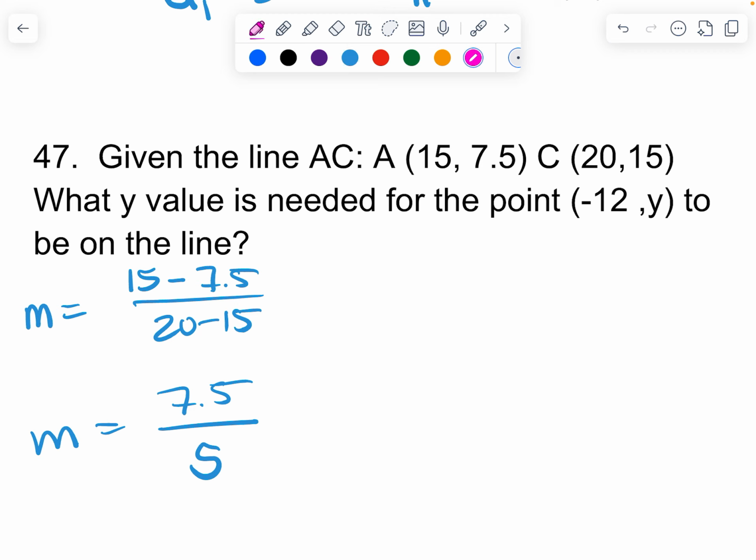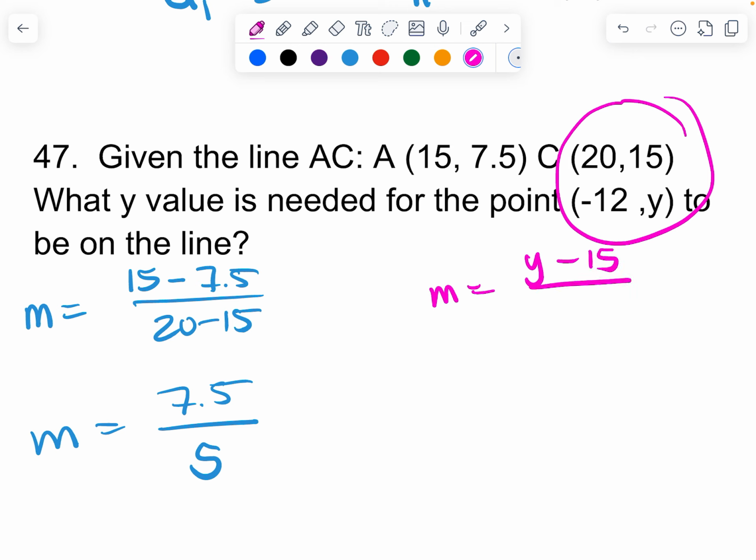Then if I was to do the slope over here, and I did it between these two, I would do y minus 15, and I would do -12 minus 20. So my slope is y minus 15 over -32.